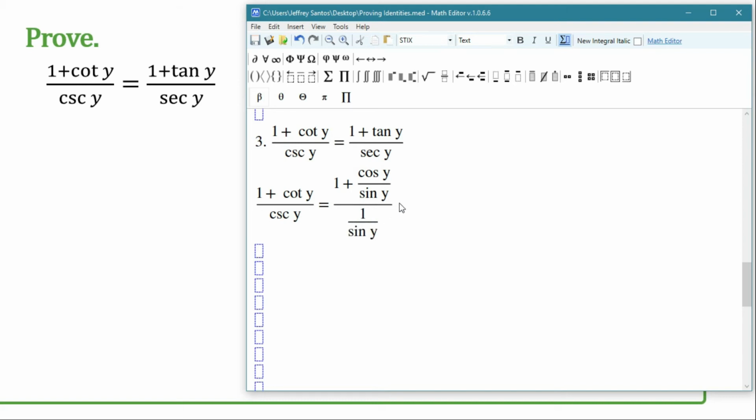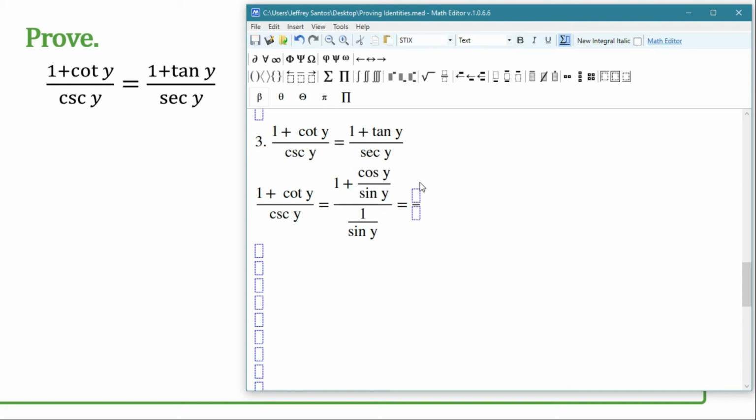Okay? And then what we are going to do, since we are in the numerator first and it deals with a whole number and a fraction part, is simplify it as a single fraction by multiplying this expression by the sine of y.